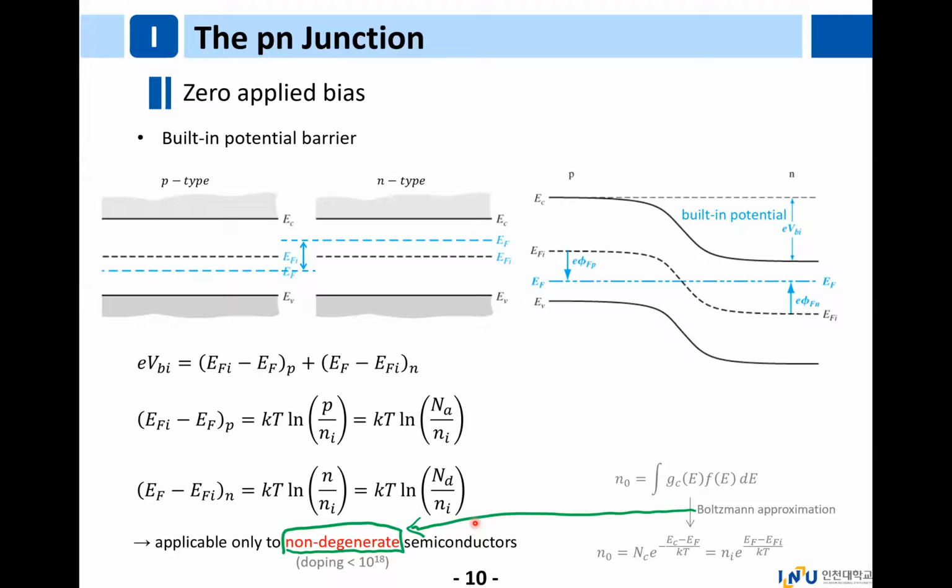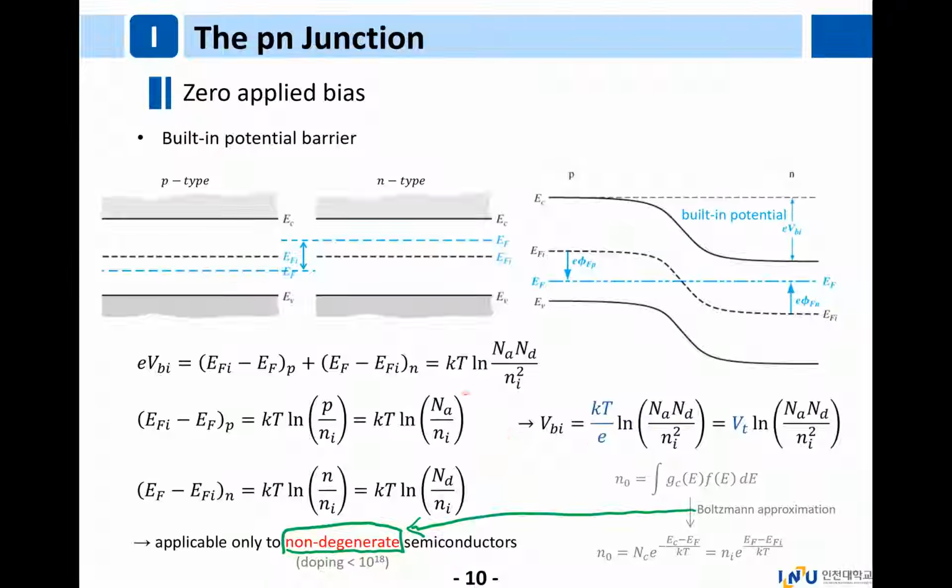Okay, for non-degenerate semiconductors, the built-in potential can be calculated as follows. As you may notice during further derivations, the term kT over q frequently appears. Its unit is volt, and it is commonly referred to as thermal voltage.